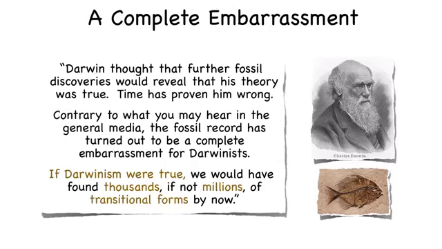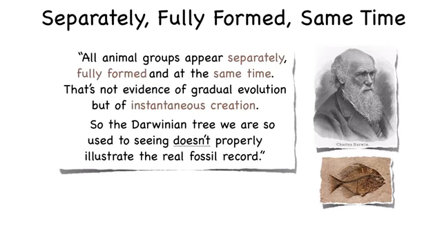If Darwinism were true, we would have found thousands, if not millions, of transitional fossils by now. They comment further, all animal groups appear separately, fully formed, and at the same time. That's not evidence of gradual evolution, but of instantaneous creation. So the Darwinian tree we are so used to seeing doesn't properly illustrate the real fossil record.